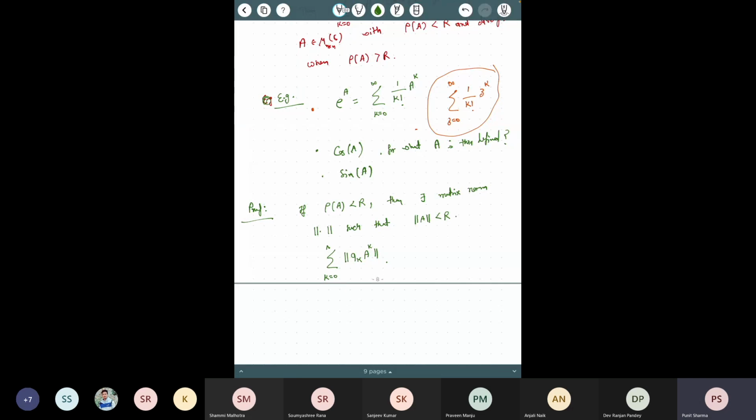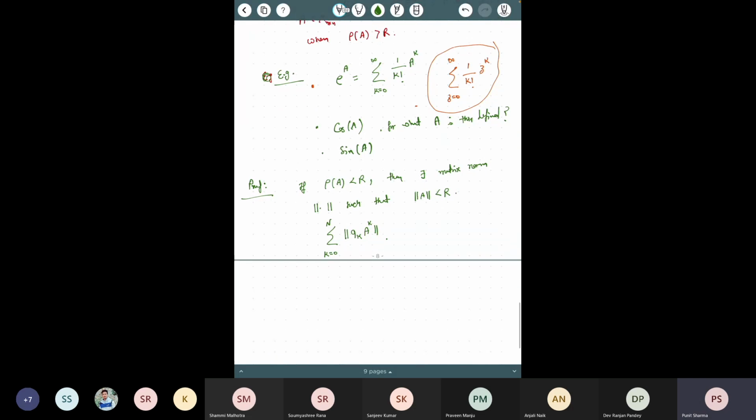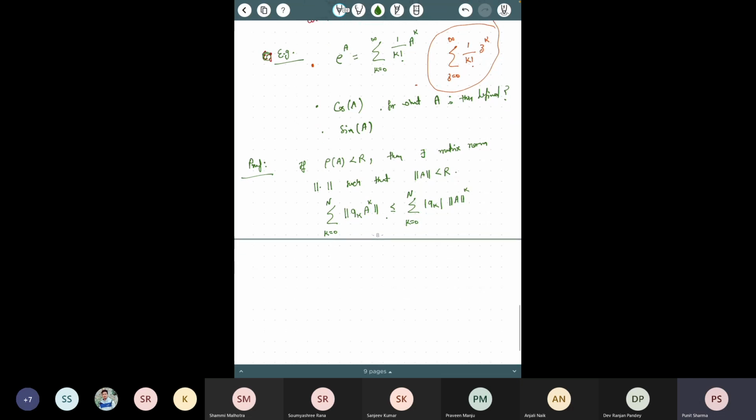Using the fact that we have a matrix norm, and using the submultiplicativity of the norm, this quantity is less than or equal to the sum for k equal to 0 to n of the norm of A to the power k. Is it okay? This inequality holds because this norm is a matrix norm, so using submultiplicativity, it is fine for any natural number n.